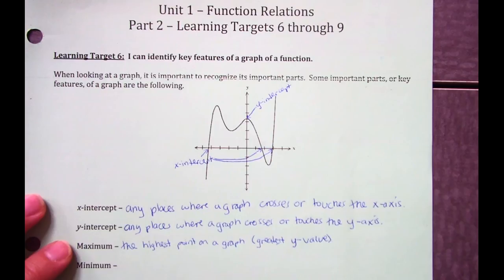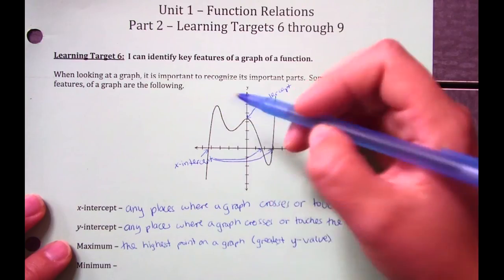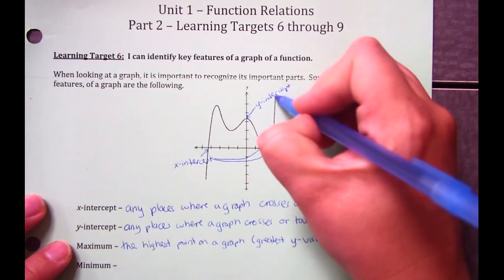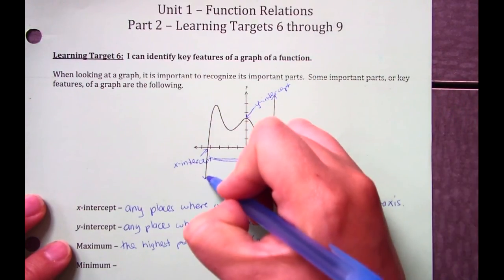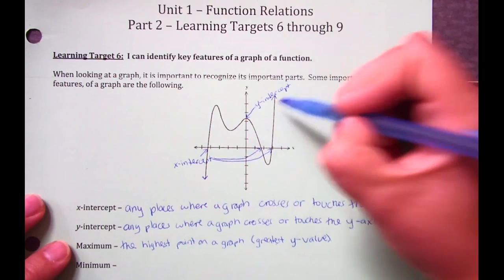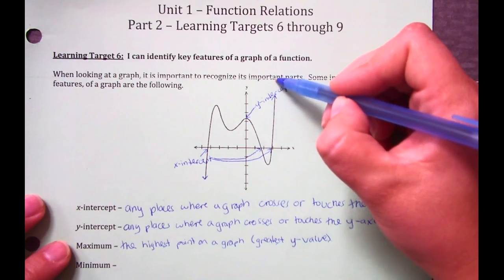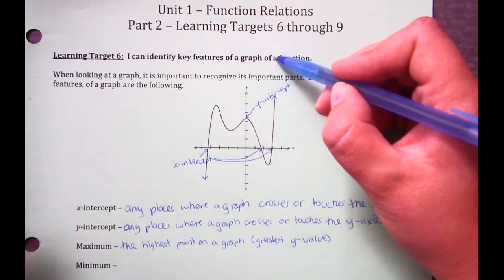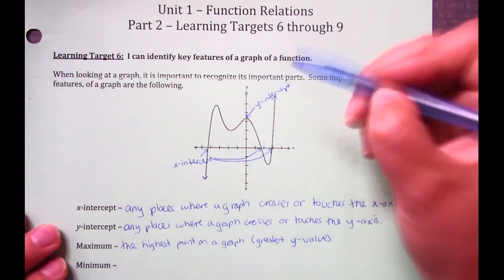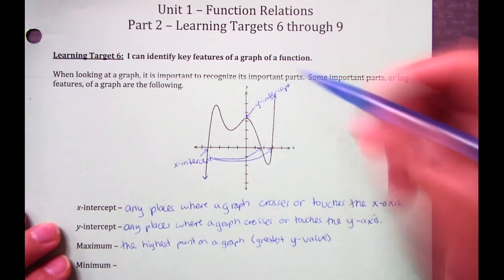For example, this graph does not have a maximum point because even though this looks like it might be the highest point, if you keep following the graph over here, and this is going to continue, it should have arrows on the end. If this is going to continue, there actually is no highest point because if this goes up to infinity, you'll never find a point that actually is the highest. So be careful with that. If a graph goes up and up and up, there is no maximum point.